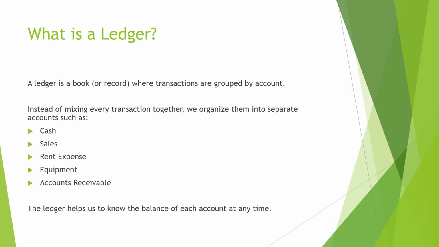The ledger helps us to know the balance of each account at any time. You can just check the cash account to see how much cash is left with you, how much cash you've spent, how much went into this or that.